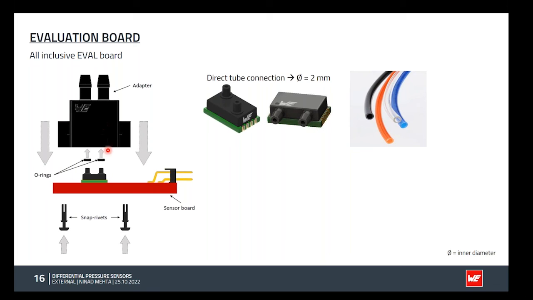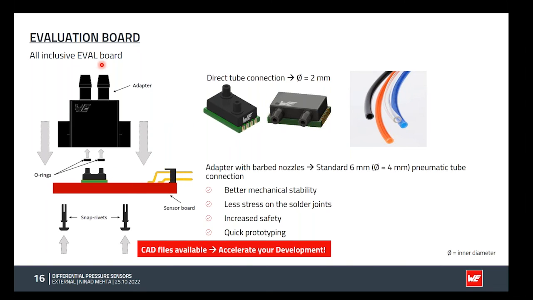With our evaluation board, you also get an adapter and O-rings for sealing, which you can use for your prototyping, where you can use standard 6 millimeter pipes to connect to the sensor. This is very important in terms of mechanical stability, because the electrical joints, or the soldering joints, of the sensor are not made to withstand the mechanical stress that comes with the pipes connected.